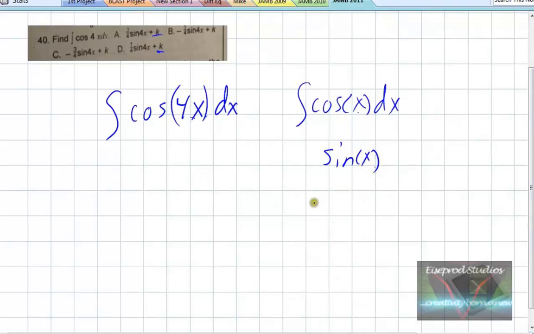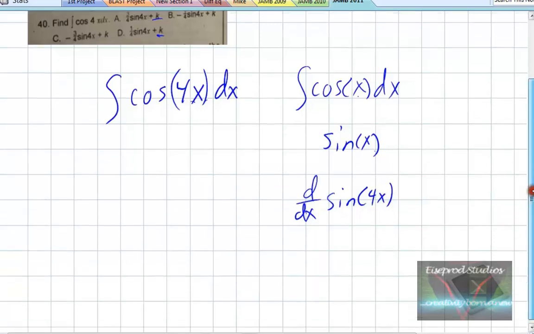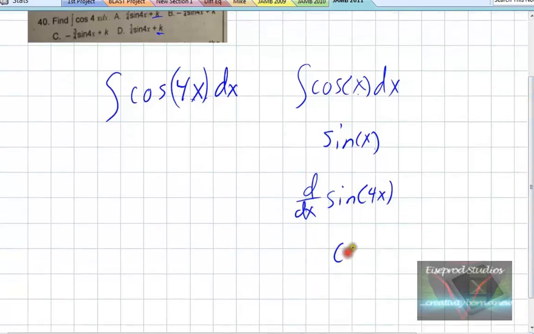But let's try that. What if I took the derivative of the sine of 4x? What would happen? Well, I would have the cosine of 4x times 4. So I'll rewrite that: 4 times the cosine of 4x. And that's not quite what we have. We have the cosine of 4x, with no extra 4.